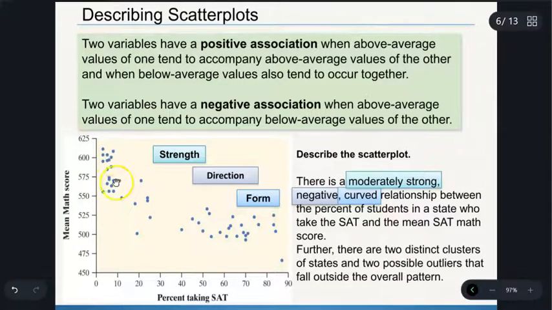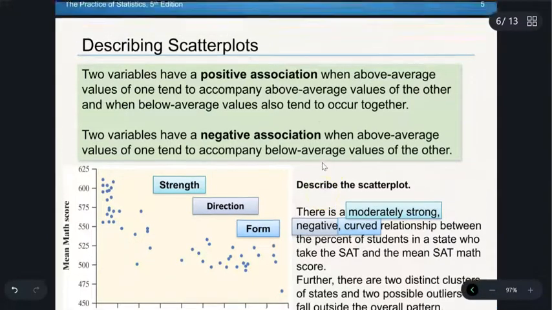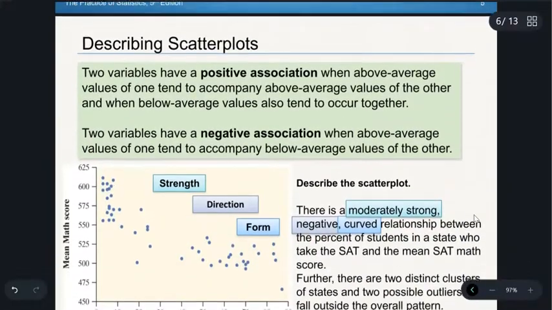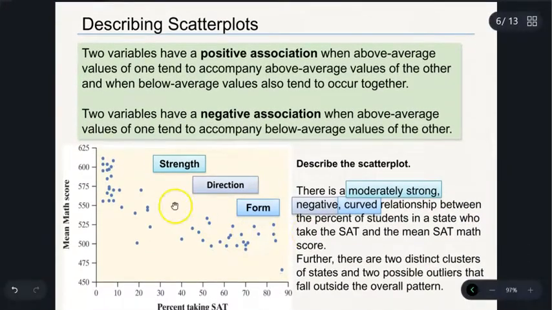So when you look at this, you have to determine what kind of relationship do you see. First of all, remember we talked about shape, okay? So I'm going to scroll back up, and we talk about direction, form, and strength in addition to our outliers, right? Direction, form, strength, and outliers. So let's look back at this. Direction.